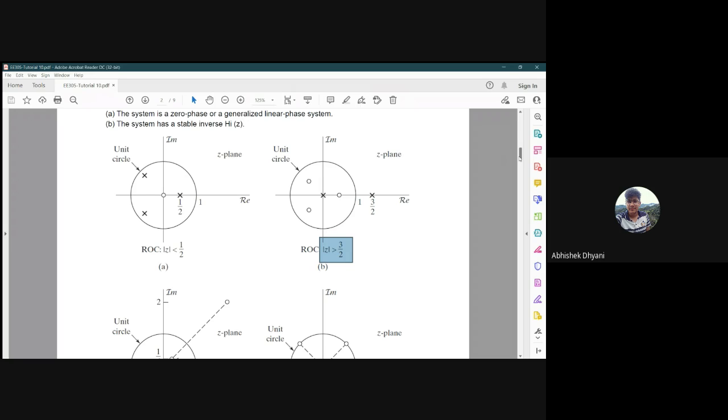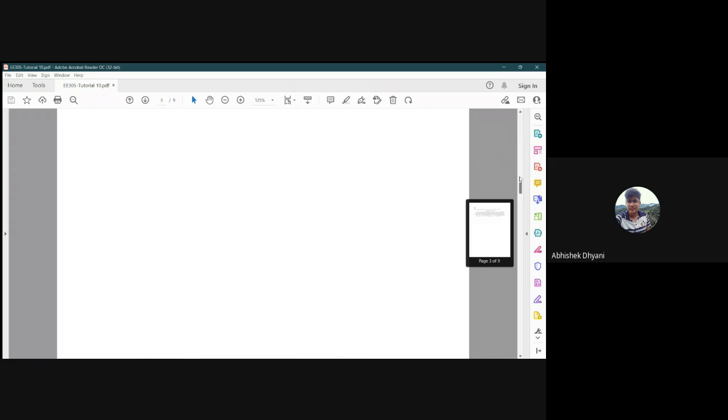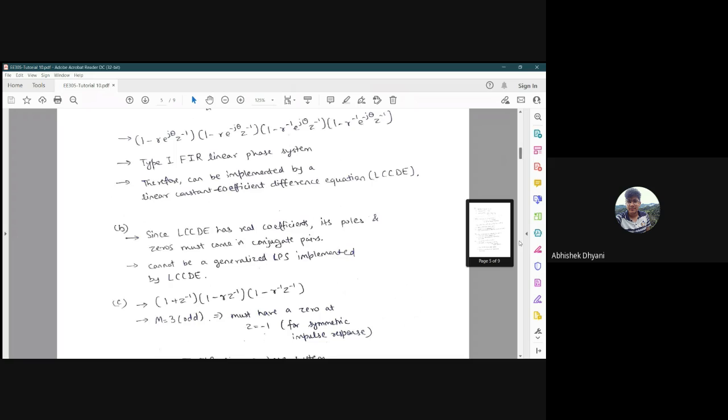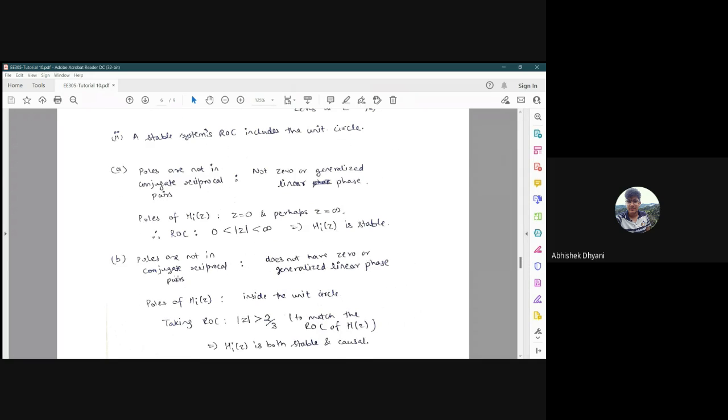So obviously this is also not a zero phase or a generalized linear phase system. Poles are not in conjugate reciprocal pairs, so it is not a zero or generalized linear phase system. The second thing is that poles of the inverse will lie inside the unit circle.